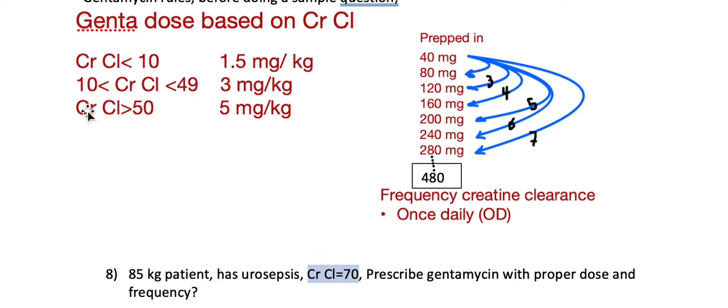It's 70, so you're thinking, okay, I'm giving him 5 milligrams per kilogram. And obviously you want to give him gentamicin. The question is what dose and frequency. You already know that it's once a day. Write that in the answer sheet right away, once a day, so you at least get that mark if you're running out of time. If not, fine, let's actually do the calculation. Guys, do the calculations. Go ahead, pause this video and then come back and check your answer.